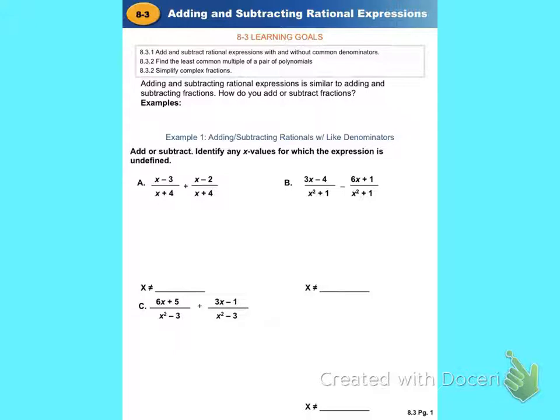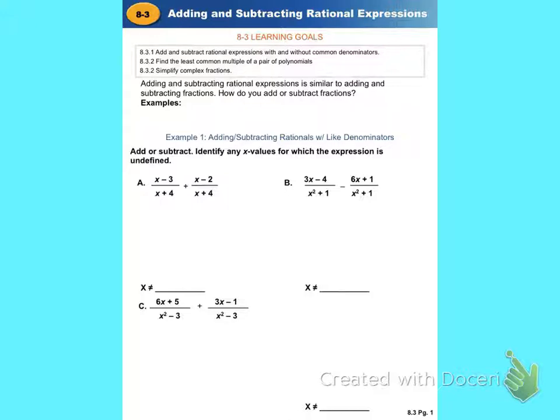Well, when you think about fractions, it was always easier to multiply and divide fractions because you don't have to have what's called a common denominator. And that is what makes adding and subtracting fractions more difficult. That's why we're looking at adding and subtracting rational expressions after multiplying and dividing. It's a little trickier, but I'm sure you can handle it.